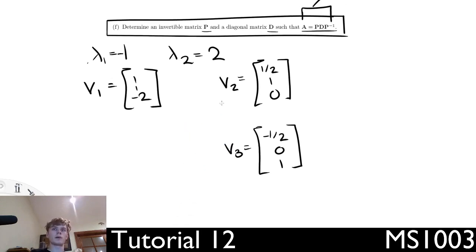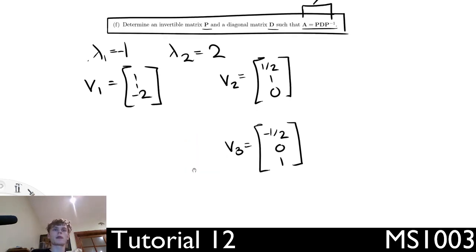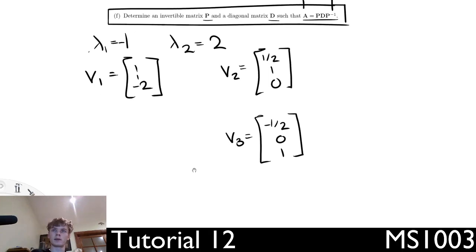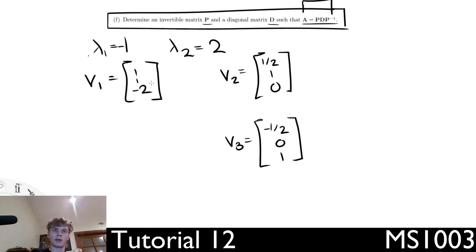Now we want to find a basis. Okay? First time I've said this, but this looks like the change of basis formula. So I want to find a basis with a change of basis matrix P, such that in that basis A looks like a diagonal matrix. And it turns out that the basis to do this in is the basis made from the eigenvectors here.